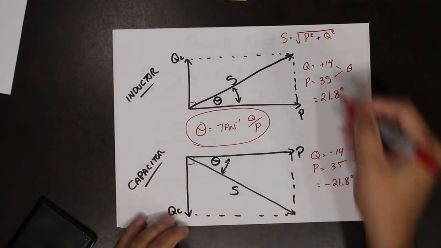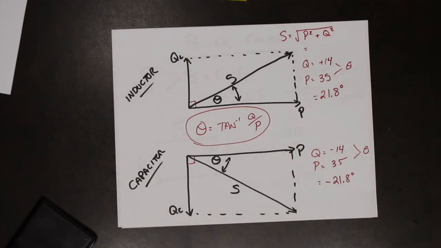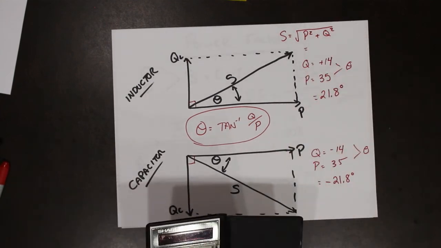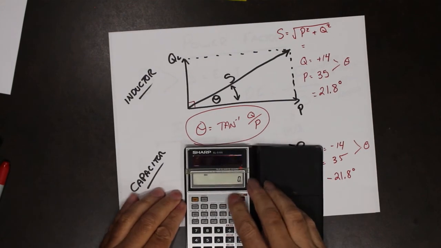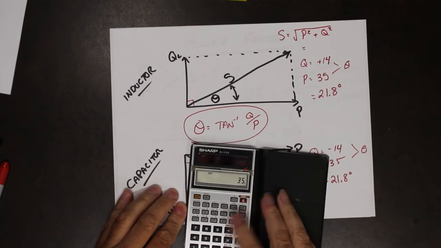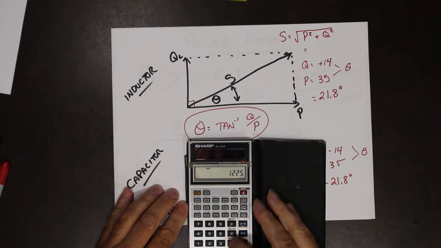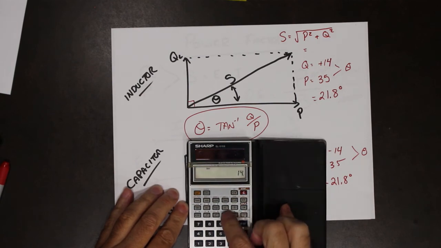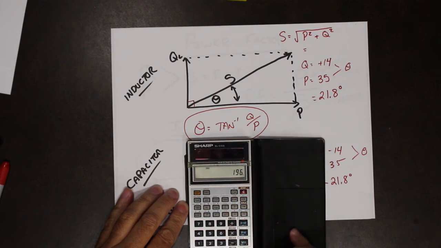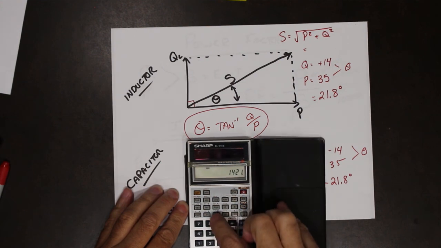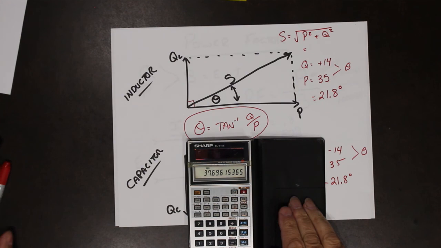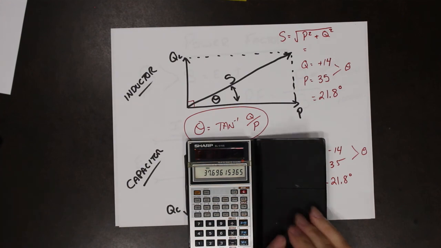So in this example, let's calculate S. So P is 35 squared plus 14 squared equals, and square root.